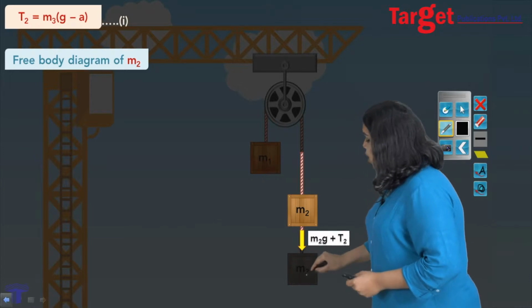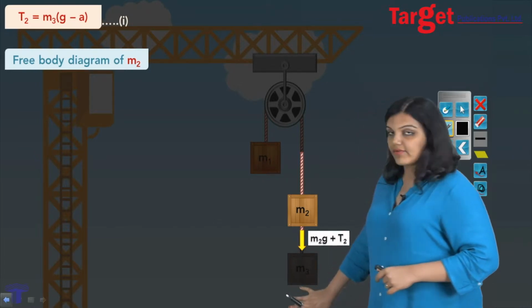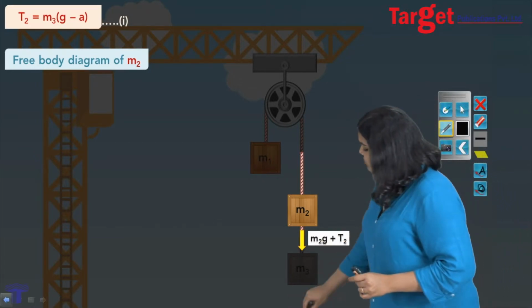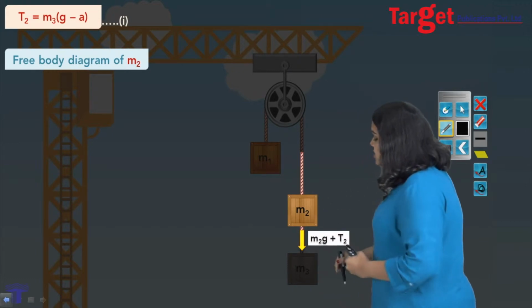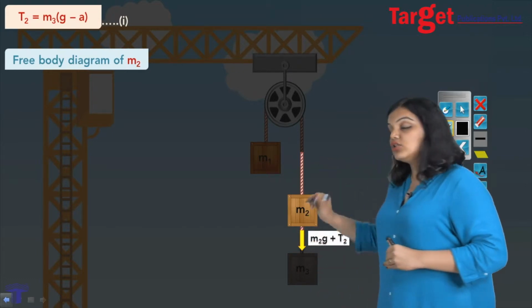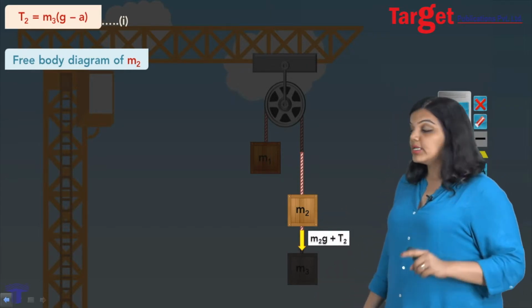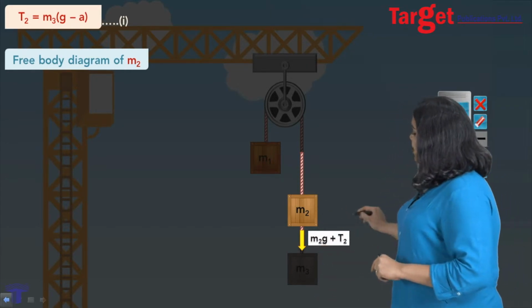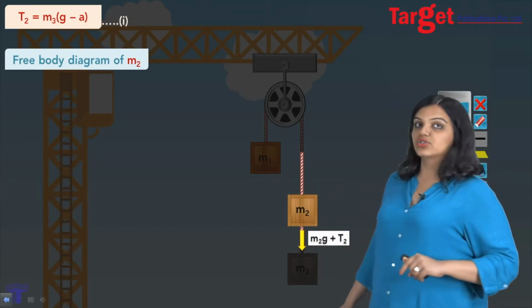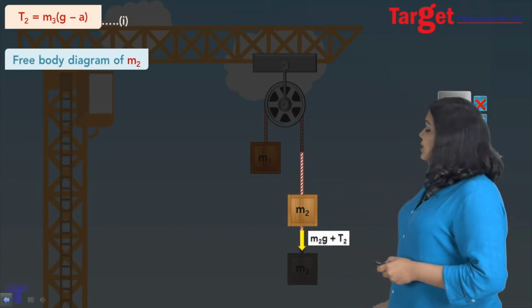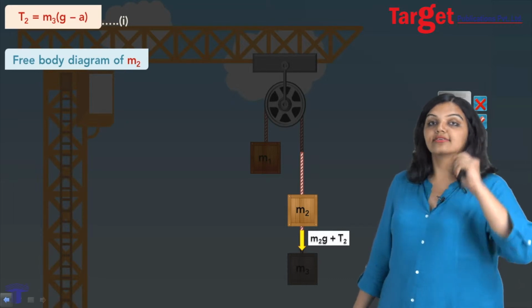Because of the weight of this block. However, we are not interested in the weight of this block. All I'm saying is because of this block, there is tension created in this string, and that is also pulling the block M2 downwards. So M2 is acted on not only by its own weight, but also by the tension T2 in this part of the string. So M2G plus T2 are the forces acting downwards.